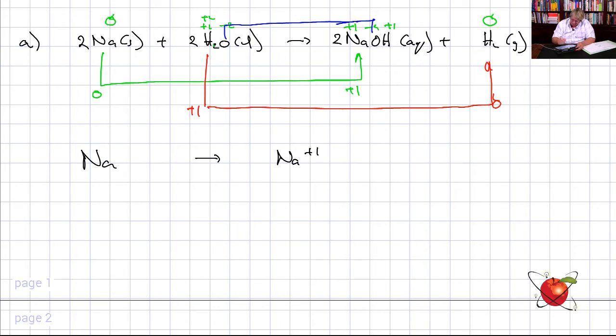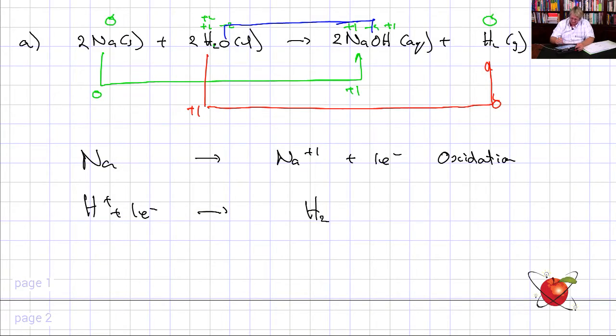Therefore, it must have lost an electron. Oxidation is loss, OIL. And what happened over here? The hydrogen was +1, and it went to H2, the gas.